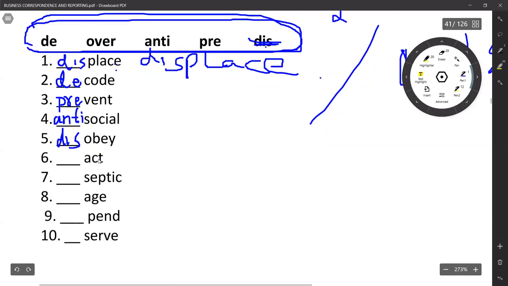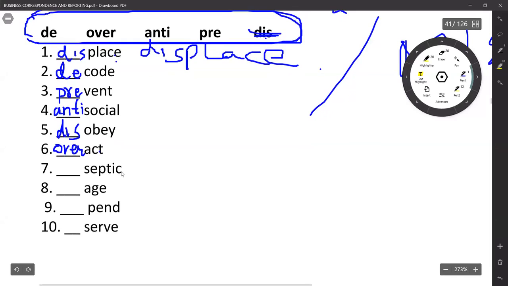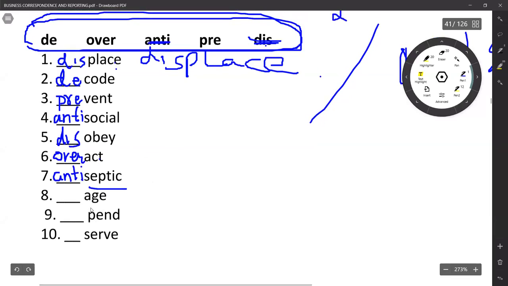Act. Don't overact. Don't show off. Don't pretend to be a lot. Okay. Septic. If a snake bites you, or if you apply an antiseptic. Anti-venom, antiseptic. Again, guys, anti is done. Age.